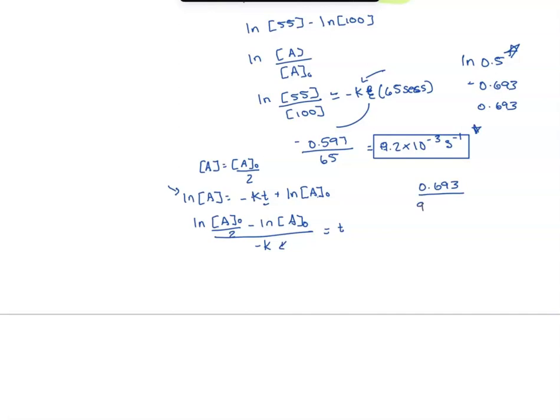So then it'll be over 9.2 times 10 to the negative 3 seconds minus 1. So let's go ahead and put that in the calculator. 0.693 divided by 9.2 times 10 to the negative 3. And we have two significant figures. So then the answer is 75 seconds. And that was it.